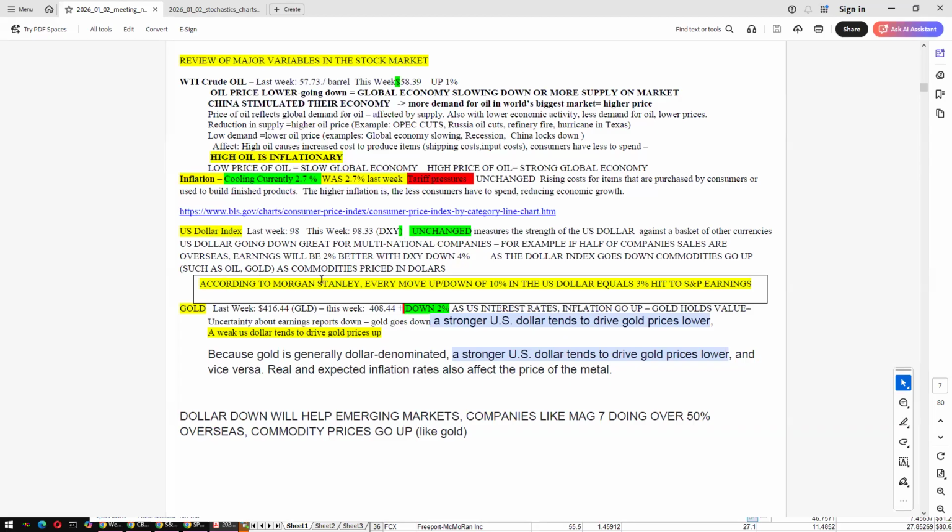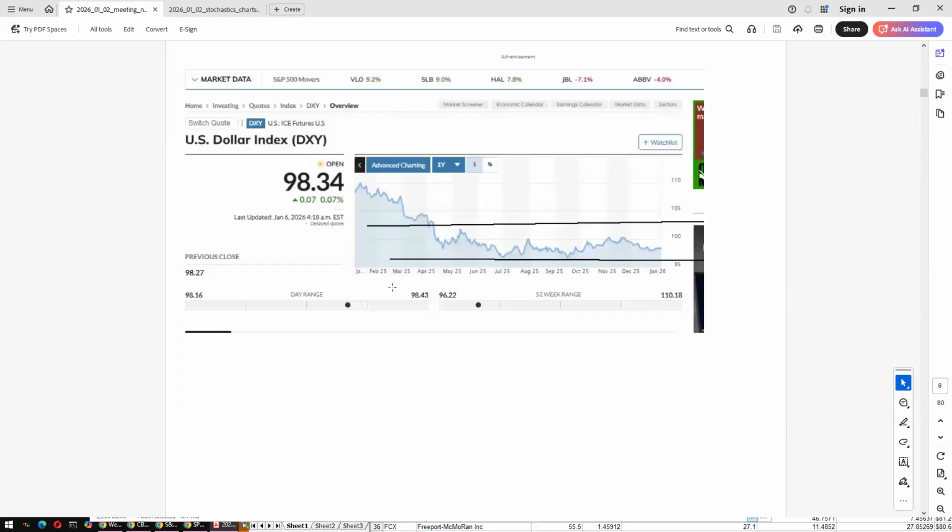Let's look at the US dollar index. We've been in a sideways pattern since May of last year. At the beginning of last year, we went down 10% straight, and that helped a lot of the multinational companies, because as the US dollar goes down, it inflates the earnings for multinational companies, or companies in America doing business overseas.